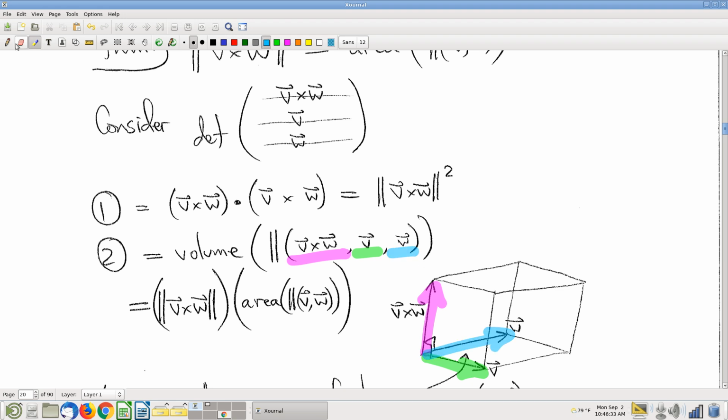Side note, we already know that that's orthogonal and that's orthogonal. We've already established that V cross W is perpendicular to both V and W. So this is not just a random parallelepiped, this is a right parallelepiped. We have, said differently, an area, and then this edge of the parallelepiped is perpendicular to that area.